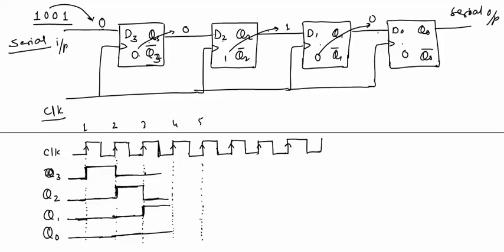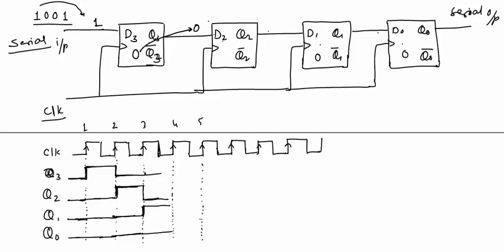Now for the fourth clock pulse we will arrange all the inputs. Now this fourth bit will be input for this first flip-flop, while Q3 is logic 0, so this flip-flop stores logic 0.